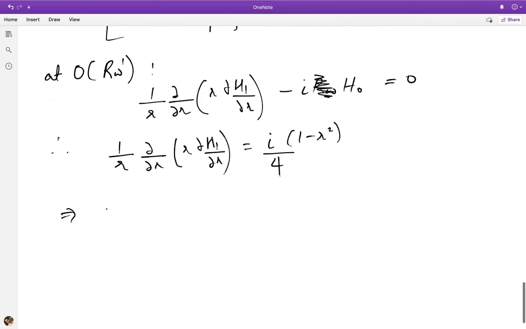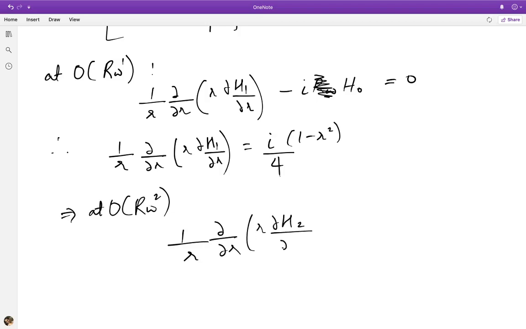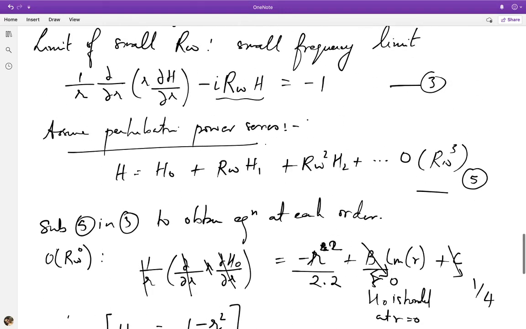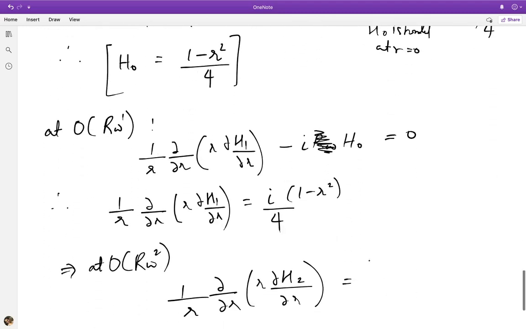And in fact, if you go to order of Rw square, I leave this for you to do as an exercise, but you can almost anticipate it from the previous developments. If you go back here, again this will contribute nothing. And here I'll get h1, so I can get an r omega square term. It'd be I h1 instead of I h naught.